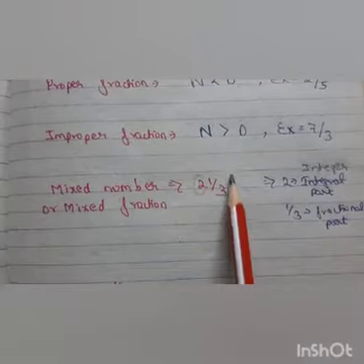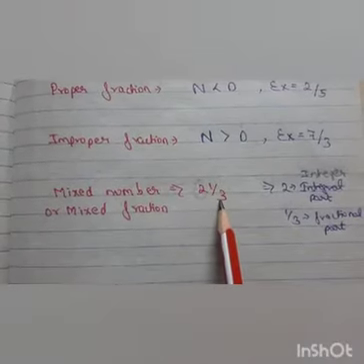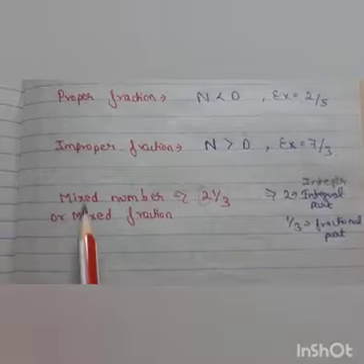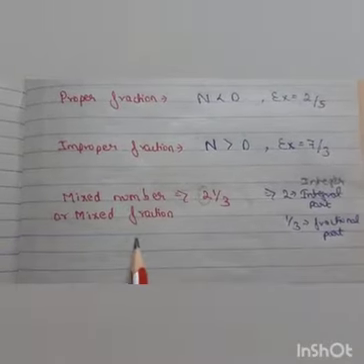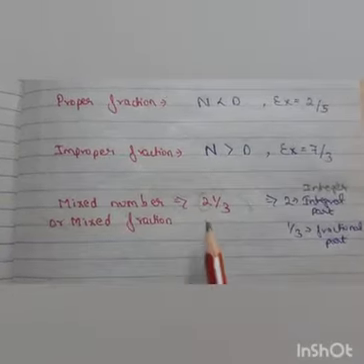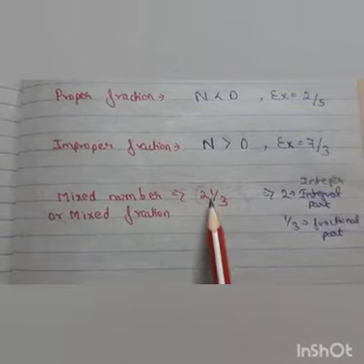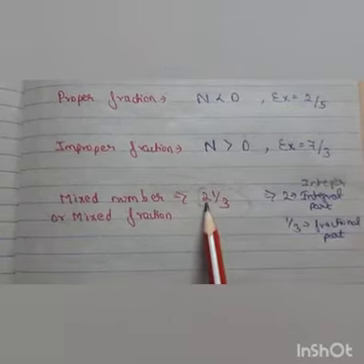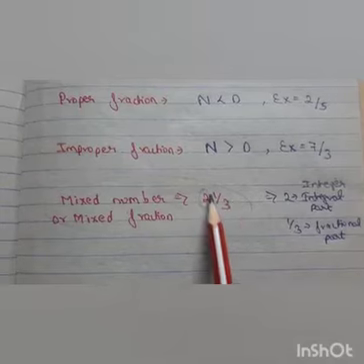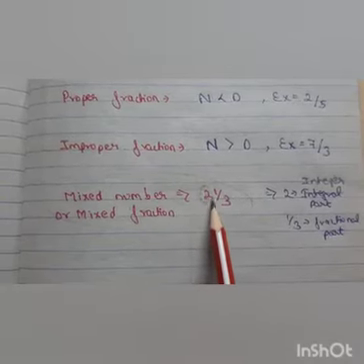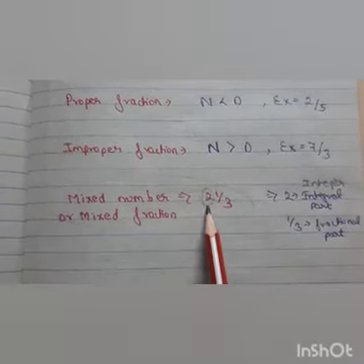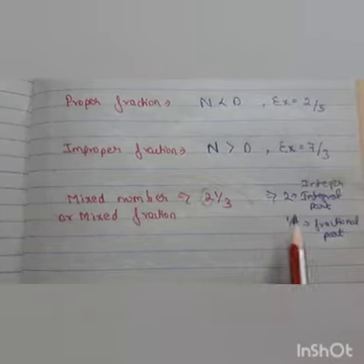And the remaining rational number is known as the fractional part. So in 2 whole number 1 upon 3, this 2 which represents a whole quantity is the integer part, and this 1 by 3 is the fractional part.